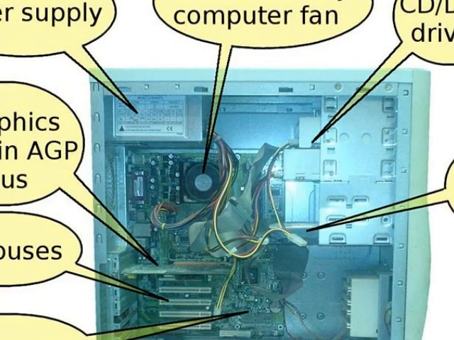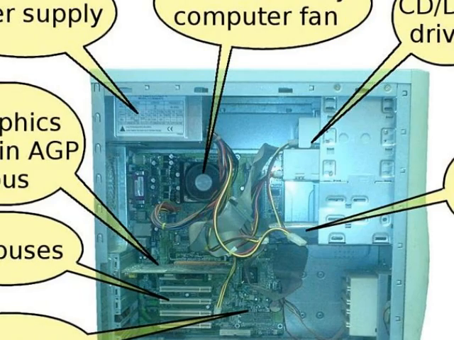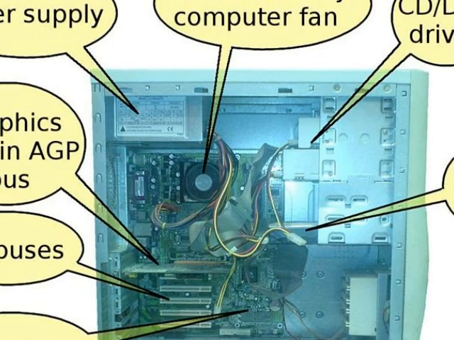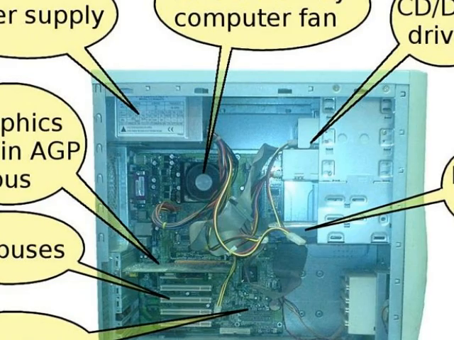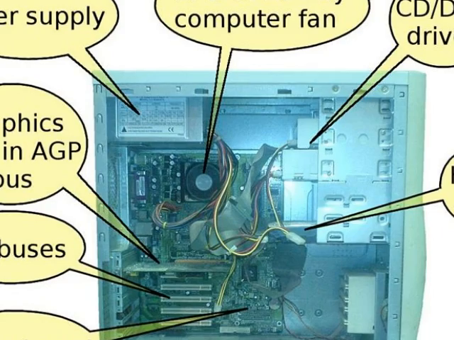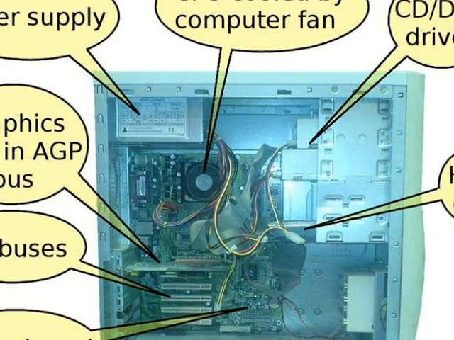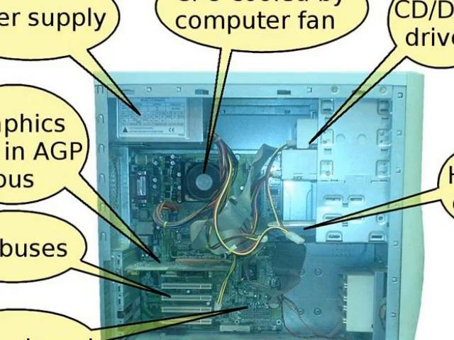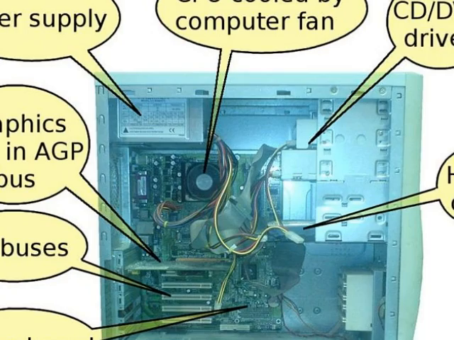A typical personal computer consists of a case or chassis in a tower shape or desktop, and the following parts. What is the motherboard? The motherboard is the body or mainframe of the computer through which all other components interface.